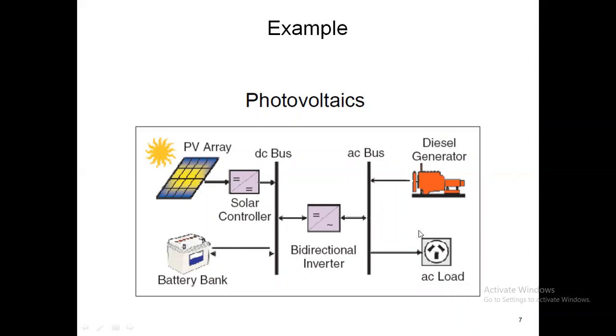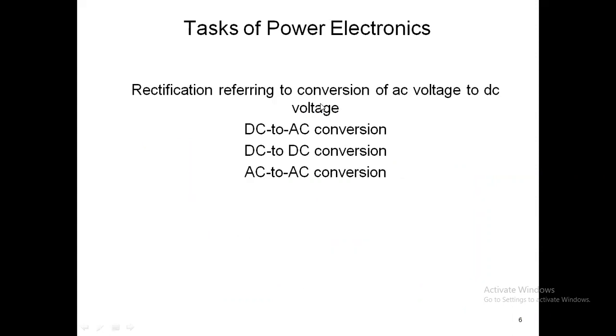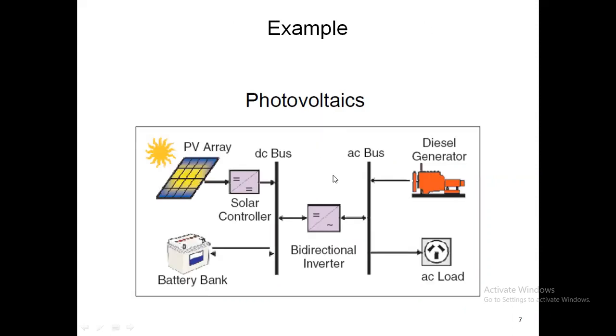For your requirement of AC, you will need a DC to AC conversion. We will be converting the DC stored in the battery bank into AC. So this is how we use power electronics to convert DC to AC, and this is one of the examples in which we use power electronic switches.